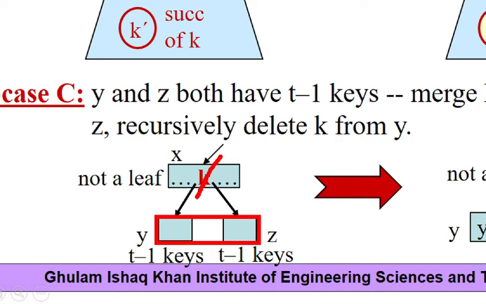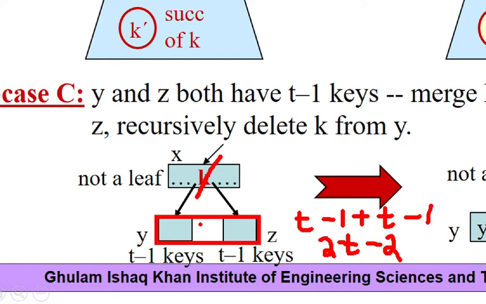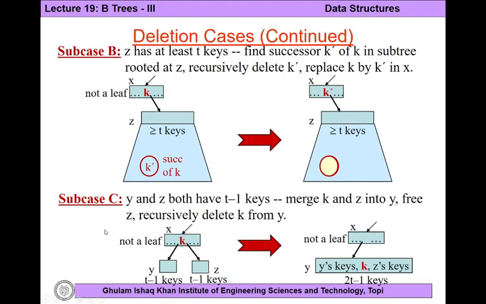One key is removed from the parent node, and since we had to decrease one child, we merge these two children, because t minus 1 plus t minus 1 is equal to 2t minus 2, so the maximum number of keys by merging these two nodes is not violated.